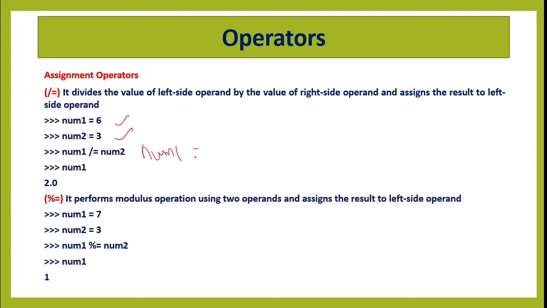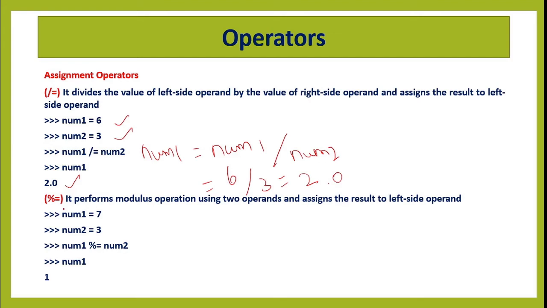Then num1 = num1 / num2. What is the value of num1? It is 6, num2 is 3. So 6 by 3 it is 2. So the output is 2.0 because the division returns the floating point value as result.